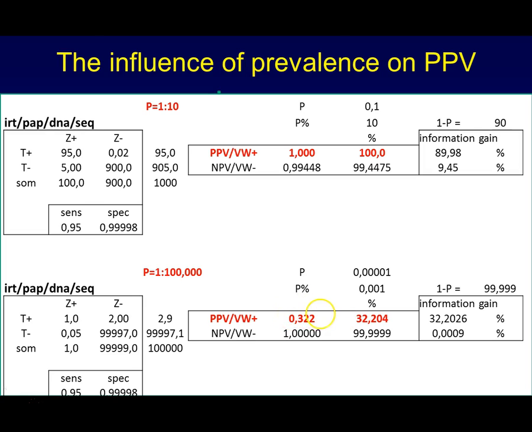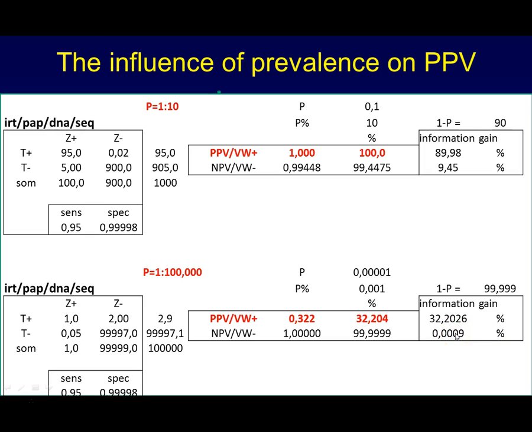Before applying the test, there was a very small prevalence, in other words, a very small probability of disease, and after applying the test, it was 32%. This means that the information gain is about 32%. For a negative test, application of the test has very little use because the information gain is 0.0009%.